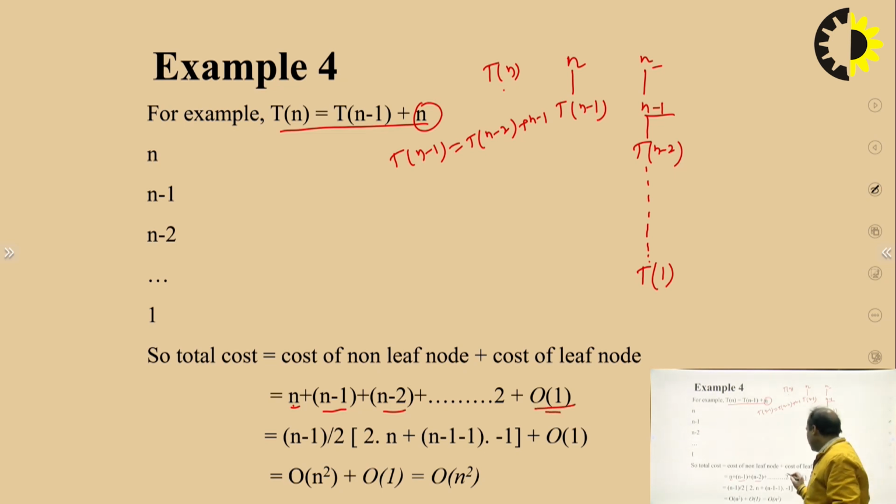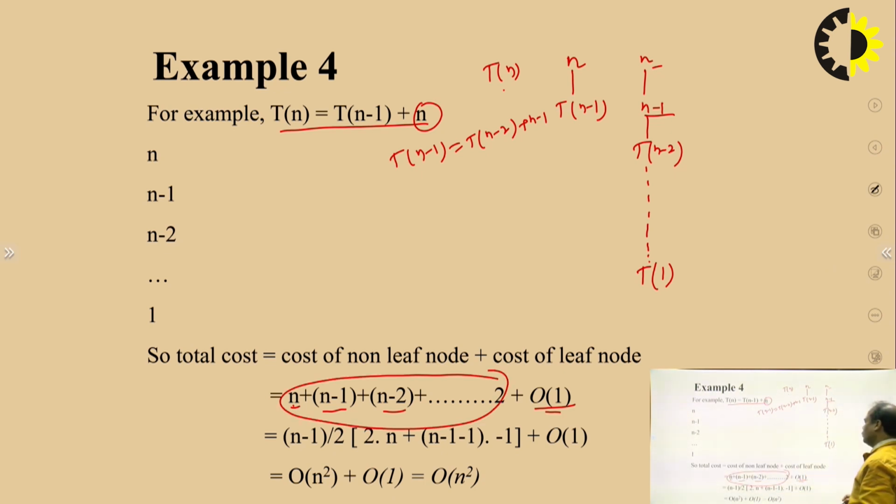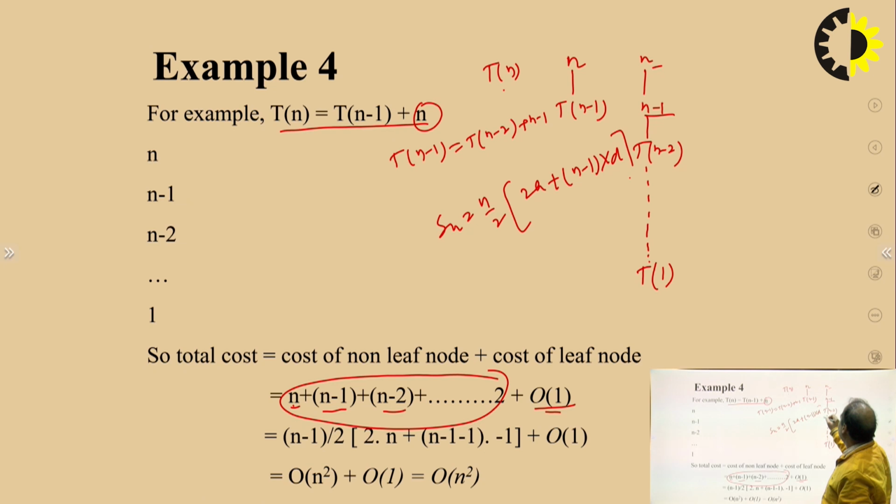We know this is an arithmetic progression series from 2 to n, so we can sum it. There are n minus 1 terms. So Sn is n by 2 times 2a plus n minus 1 into the common difference. This is the arithmetic progression sum.